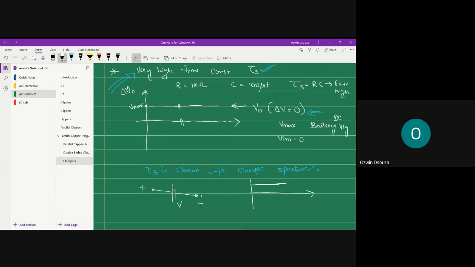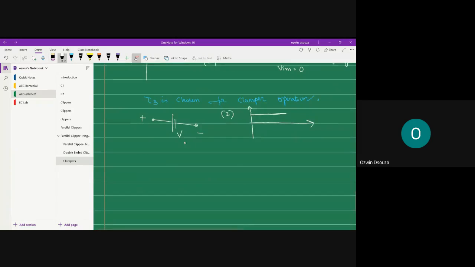There will not be any variations in the cell potential; it remains constant. So if you compare the first waveform with the second waveform, you would see that they are more alike, right?